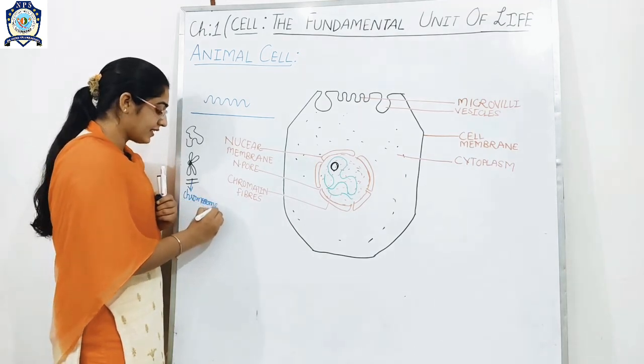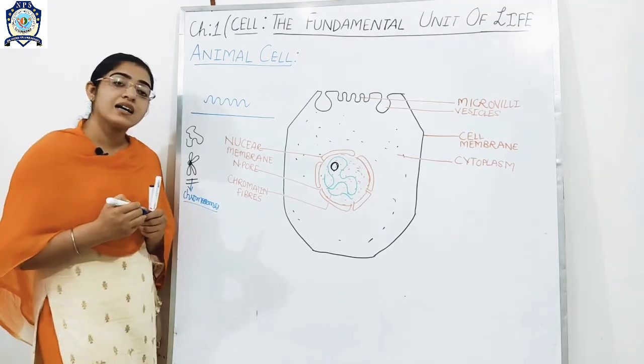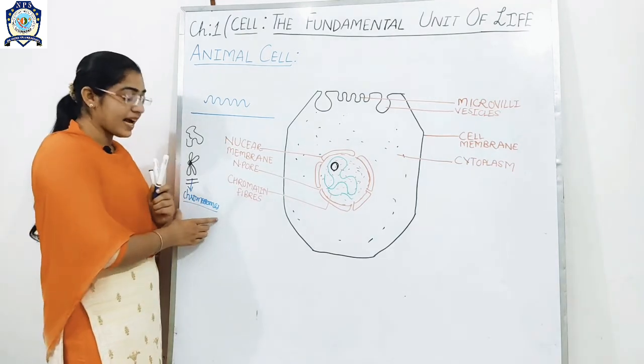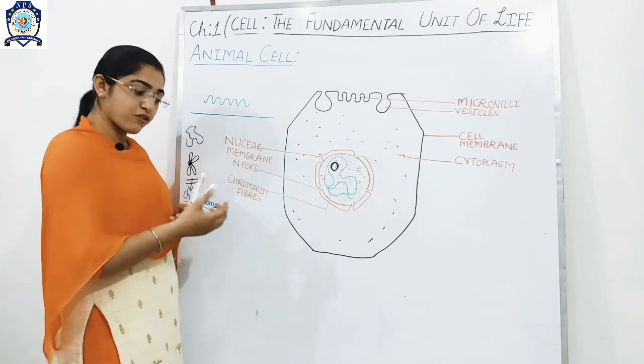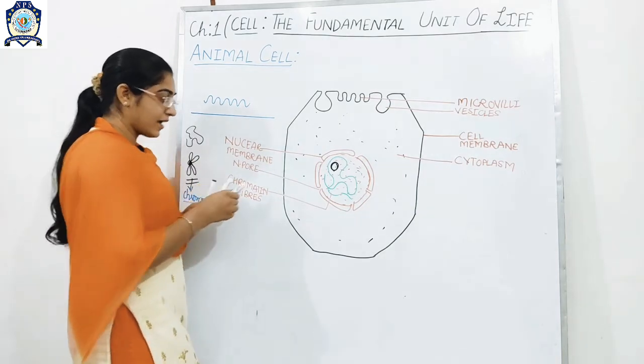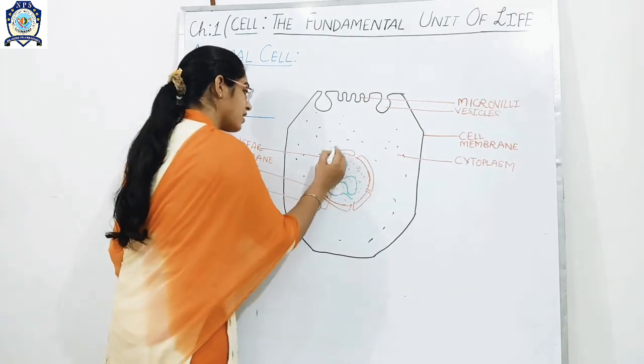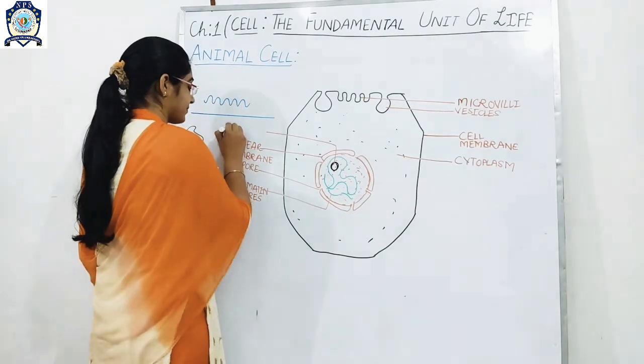These chromosomes are the genetic or heredity material, which is transferred from generation to generation. And this one is the nucleolus.